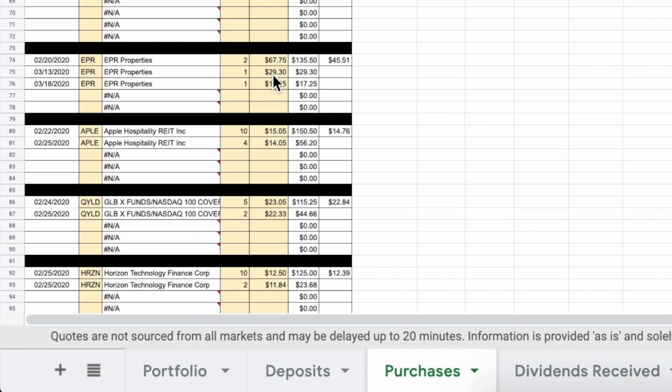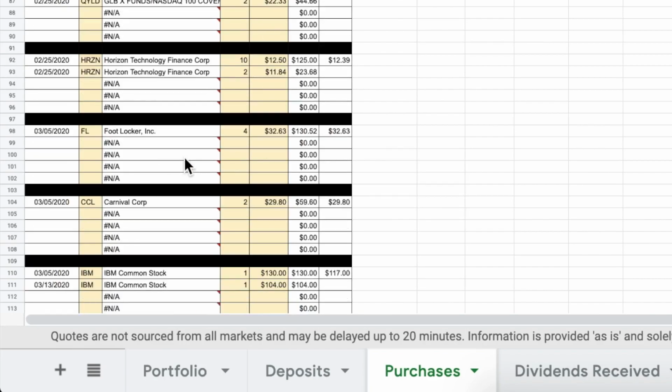So I'm hoping after the ex-dividend date, the price will come down after people sell it, and I can add some more. But the average price was around $67.75 before I bought these 2 shares. So I ended up getting the average price down to $45.51, which is fairly good because it's $20 below the high, and it's also like $15 above the low. So it's right in the middle.